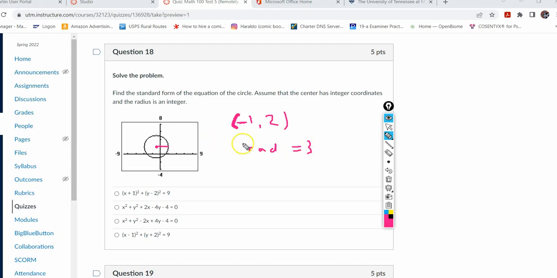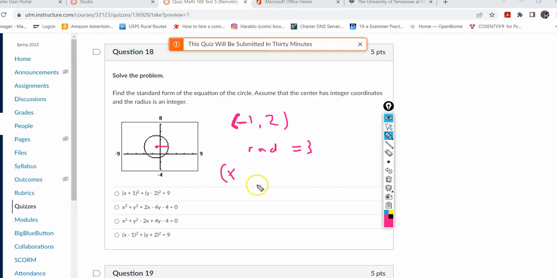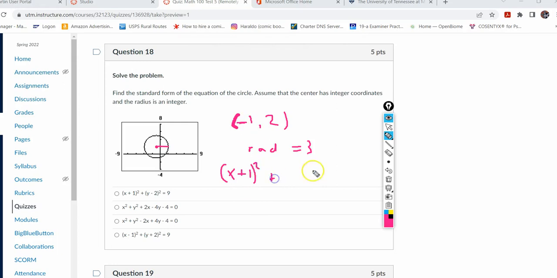Okay, so I'm going to have x minus h, and h is -1. So x minus -1, x plus 1 all squared, plus y minus k, k is 2, all squared, is equal to the radius squared, which will be 9.